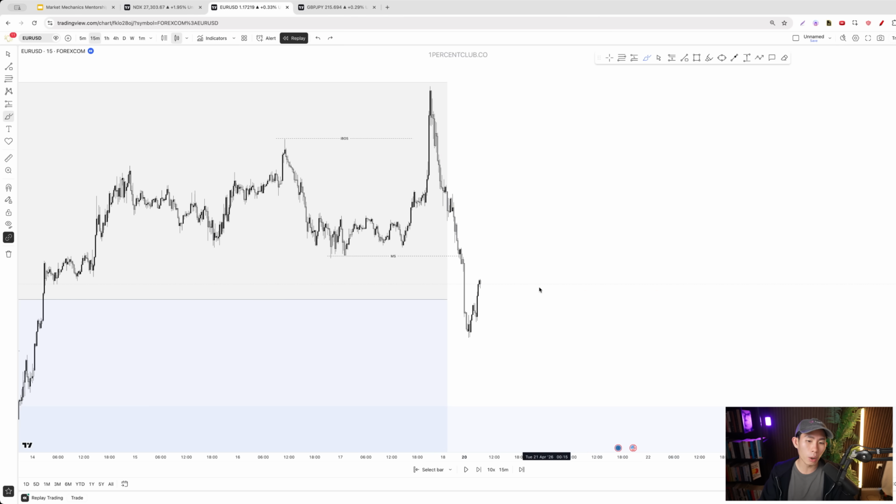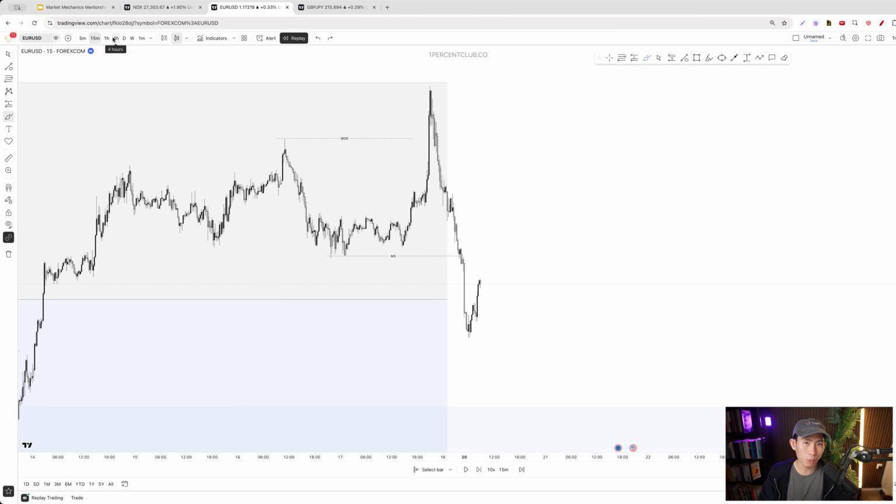So if we enter for a buy somewhere around here, it's kind of trading against the lower time frame trend. It's also trading against the internal order flow, right? So maybe it's not the best time to look for longs.